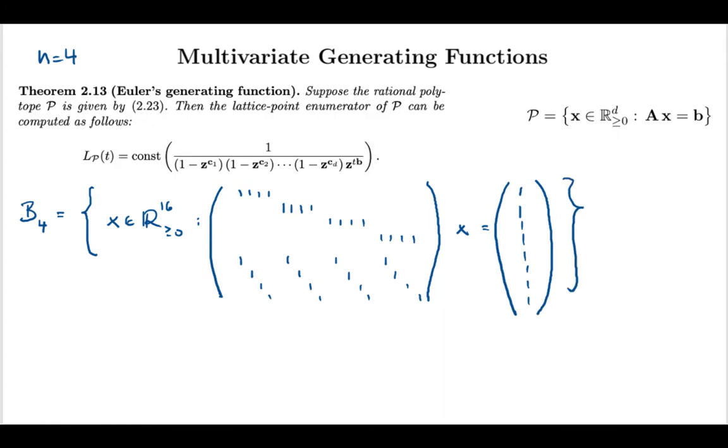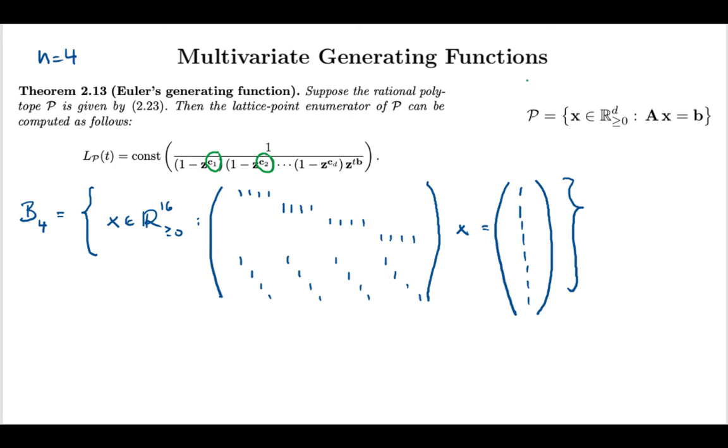Okay, so now we're set up to use this Theorem 2.13. So it says I have to now go through the columns of my matrix. So in this case, I have 16 columns, and I need as many variables as rows. So you can see I have two kinds of rows.